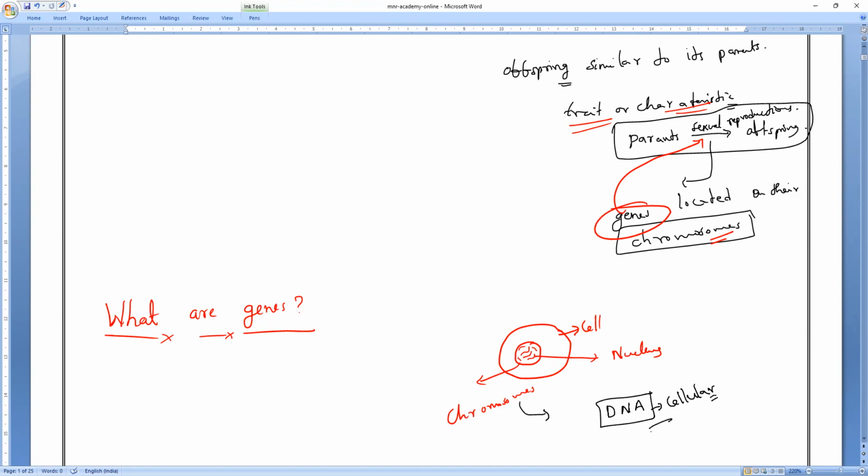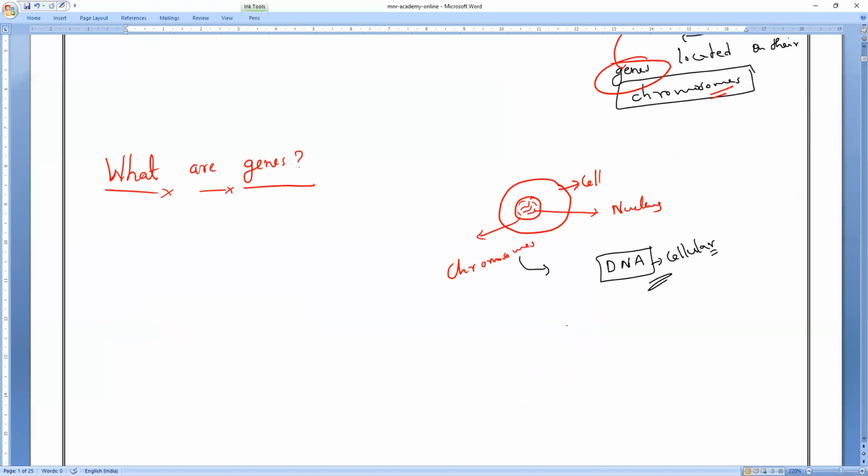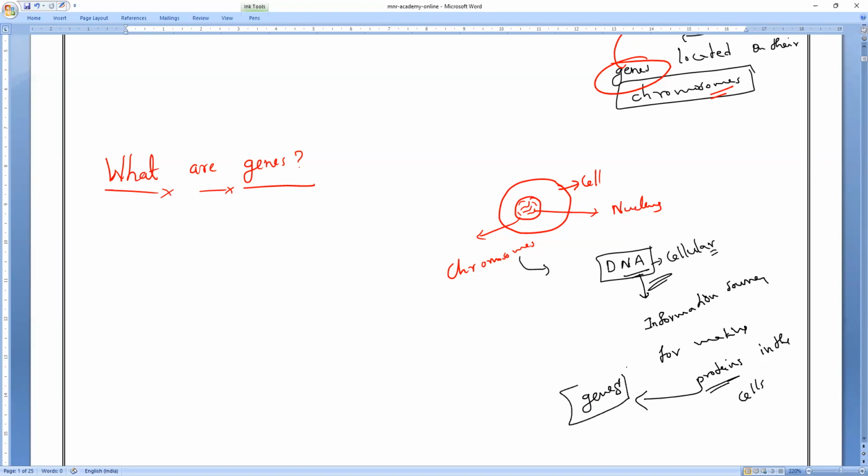A cellular DNA is the information source for making proteins in the cell. Remember, the cellular DNA is the information source for making proteins in the cell. These proteins we call genes. Do you understand?